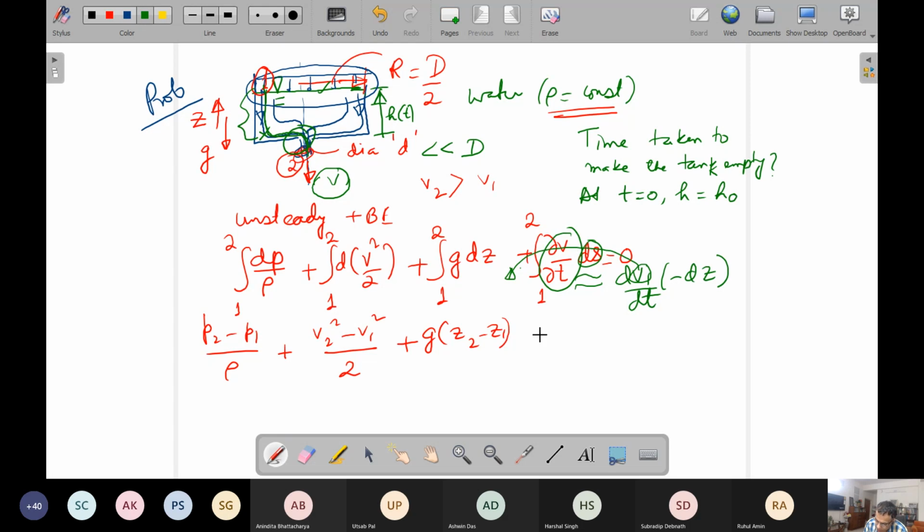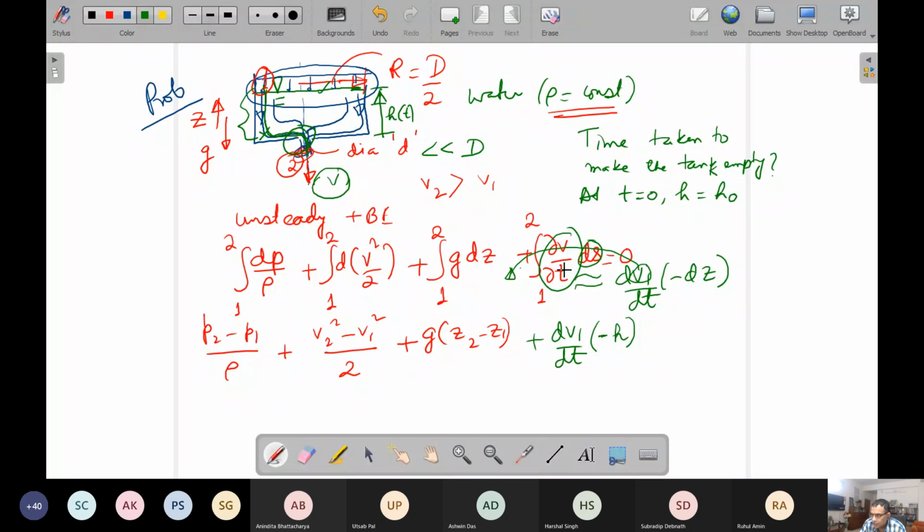So it becomes dV1 dt times this one, minus h. Right? So ds, from 1 to 2, will be in the negative z direction, but you can sum it all up with minus h, because this is simply along the streamline.